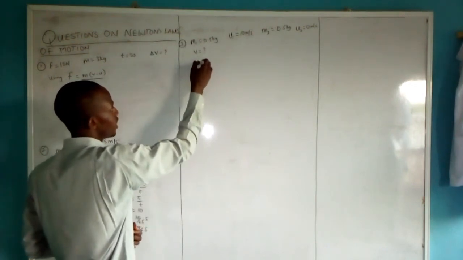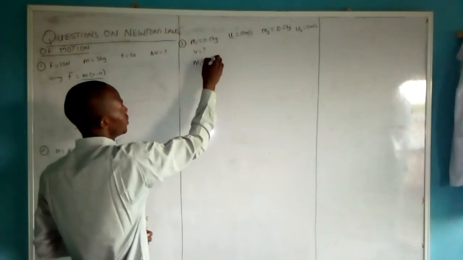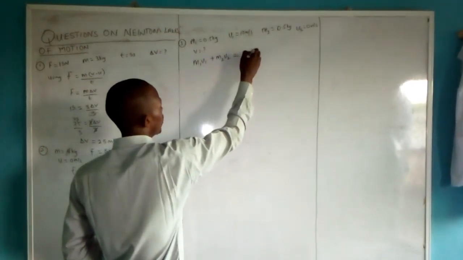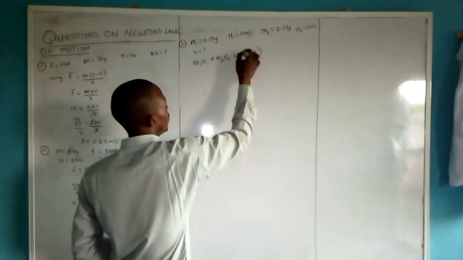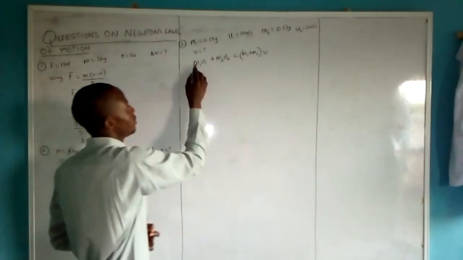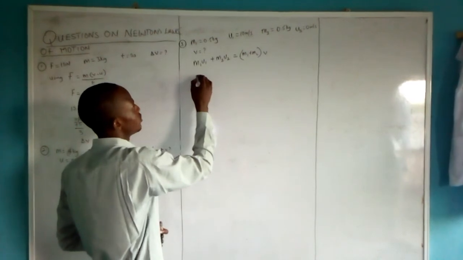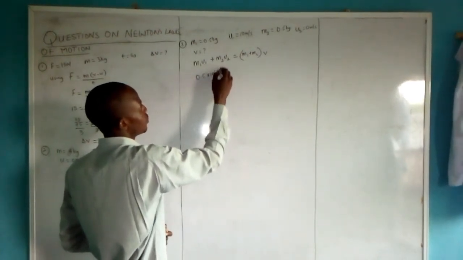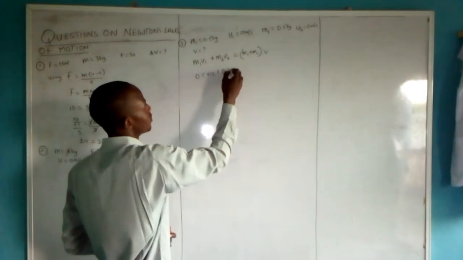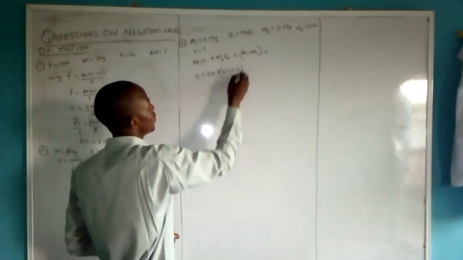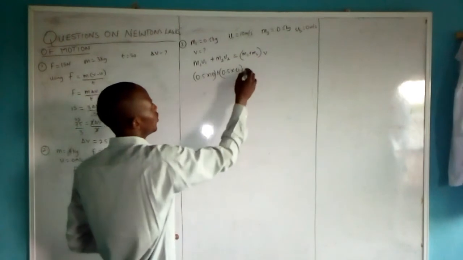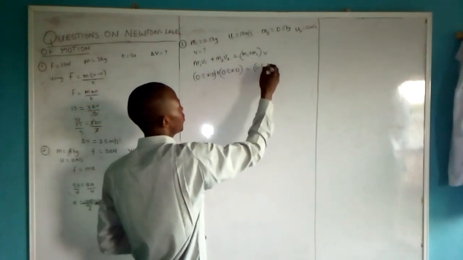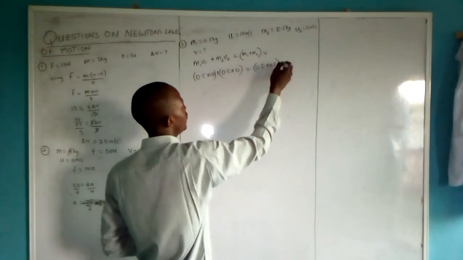Using the formula m1u1 plus m2u2 equals (m1 plus m2)v, we are able to say m1 is 0.5, u1 is 10, so 0.5 times 10 plus 0.5 times 0 equals (0.5 plus 0.5)v.